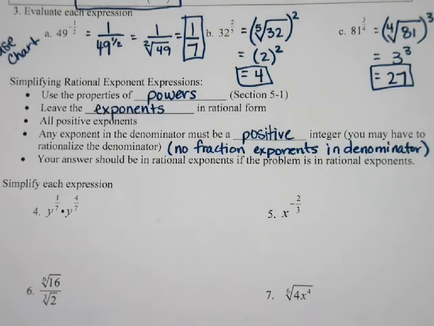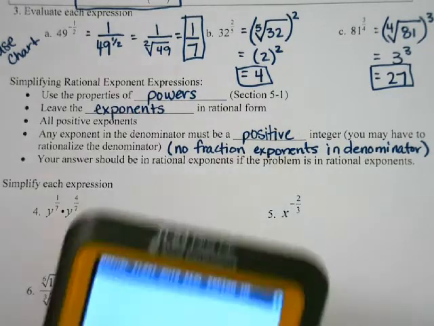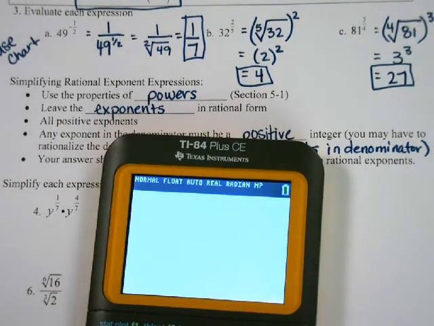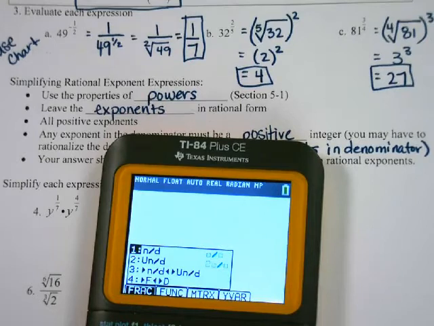Okay, now we have to have a little lesson on our calculator and fractions. Does everybody know how to use your calculator to do the fractions? Does anybody need to borrow a calculator? So, if you have an 84, you do have a fraction menu. Most of you. If you hit green and then y equals, it brings up your fraction menu.